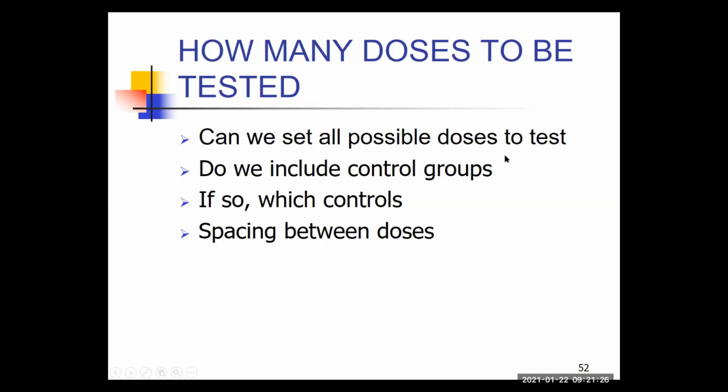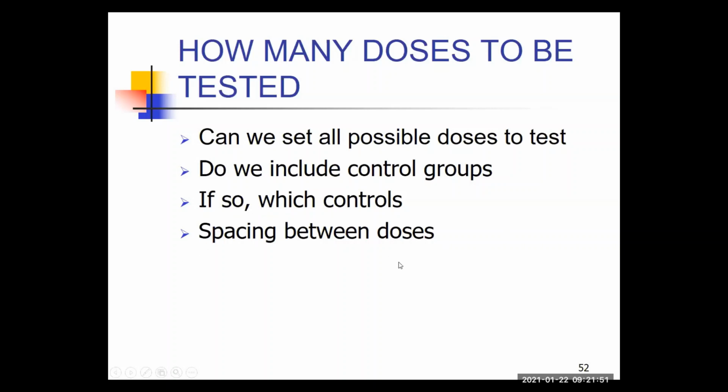But you can only study a limited discrete dose formulations. All right. Do we include control groups? Of course, from the example I showed you earlier, we need to have a placebo control. All right. So placebo control. Sometimes you have active control. The main problem is really the dose spacing problem.